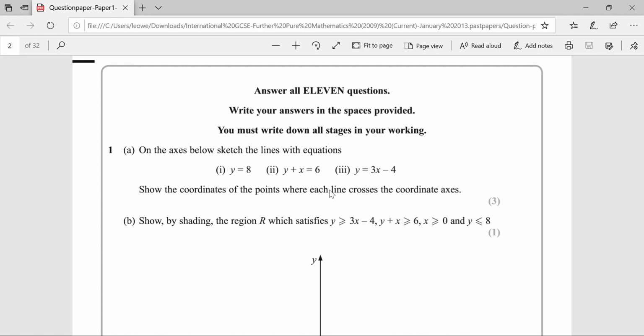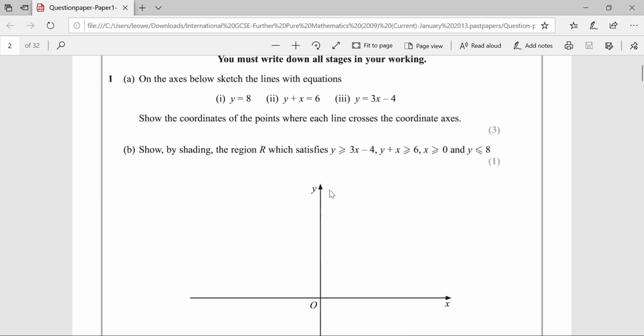So it says, on the axis below, sketch the lines with equations y is 8. Okay, so if y is constantly 8, there will be a straight horizontal line, because any y equals a constant will give you a straight horizontal line at that level, because y is that level for any x whatsoever.